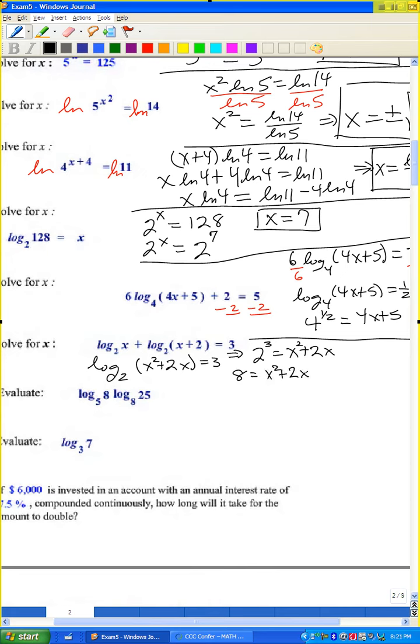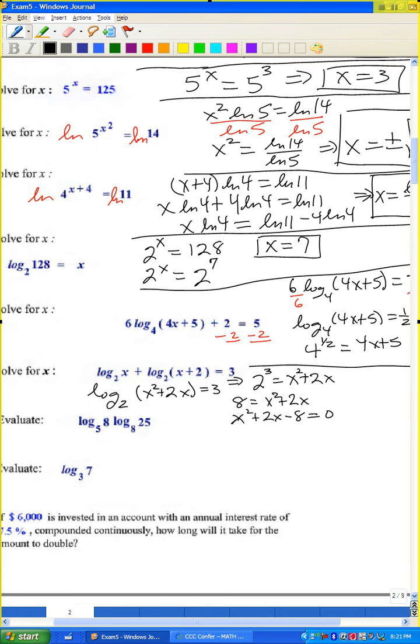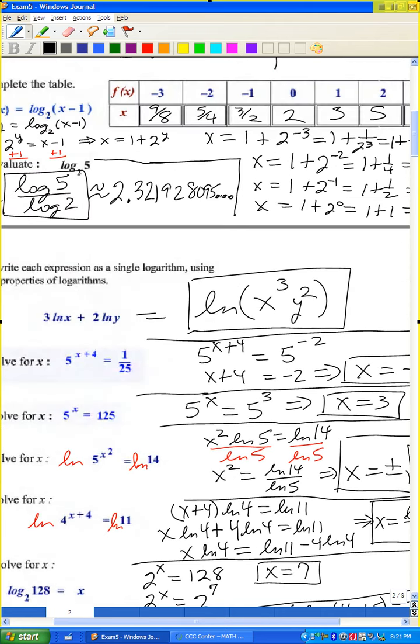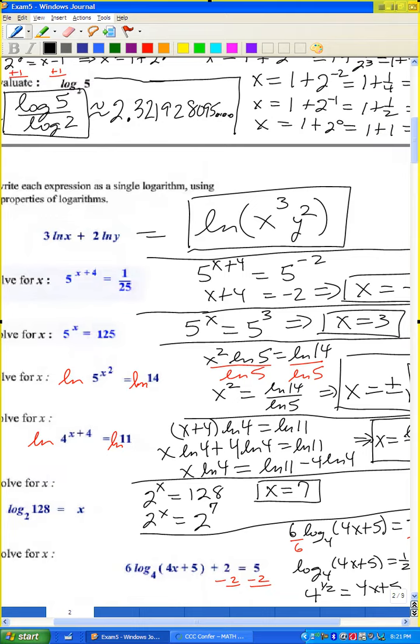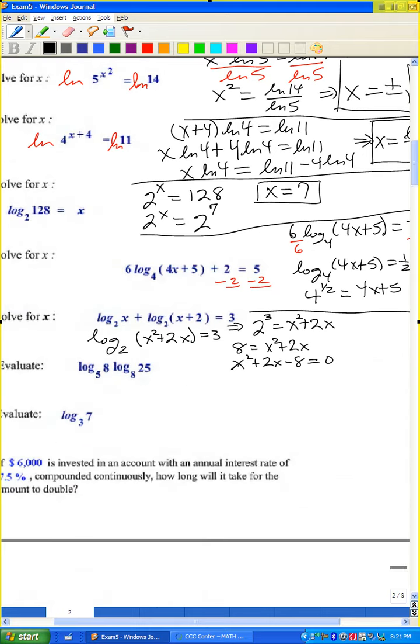Subtract 8 from both sides. And so I have that x squared plus 2x minus 8 is 0. Let me factor. Okay.